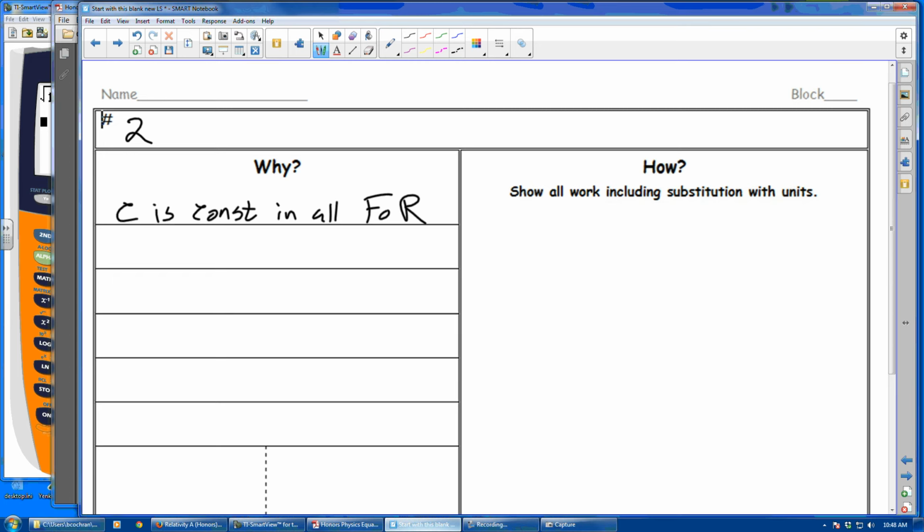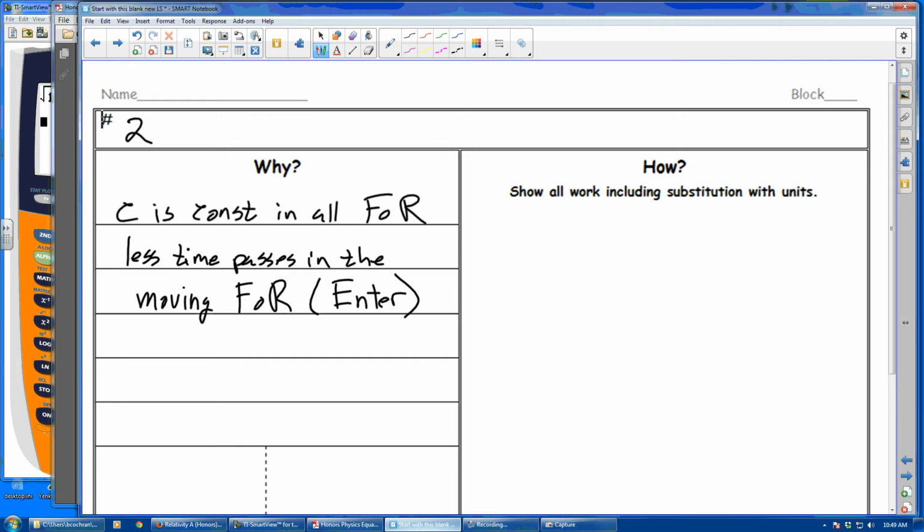And then I would state that less time passes in the moving frame of reference. And in this case, that's the Enterprise, because we're taking the Earth as stationary, and the Enterprise is going away and coming back.